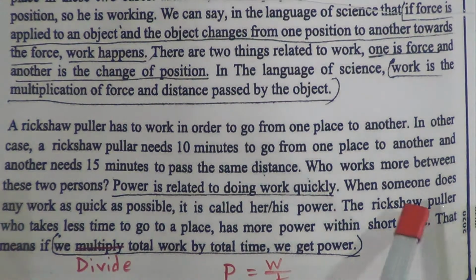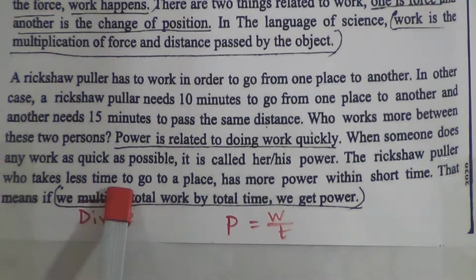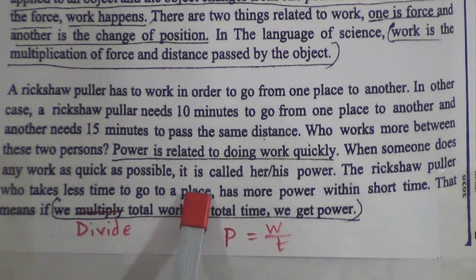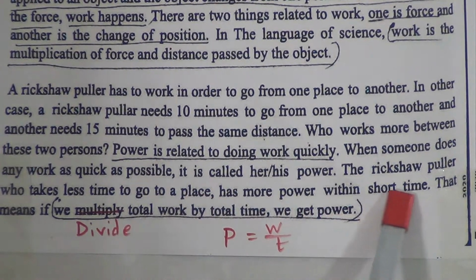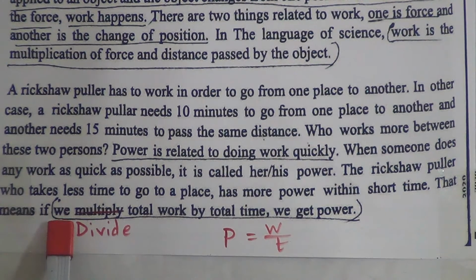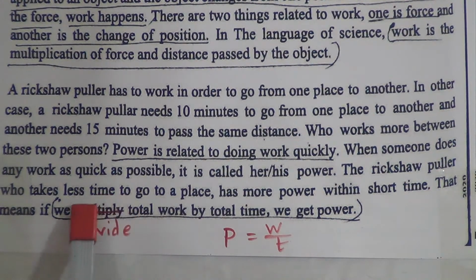The rickshaw puller who takes less time to go to a place has more power within a short time. Here is a correction in your book: here it was written multiply, but it will be divide. If we divide total work by total time, we get power.